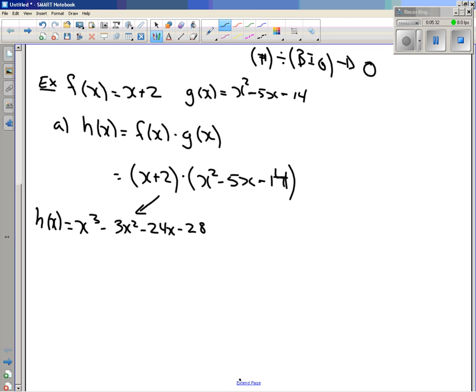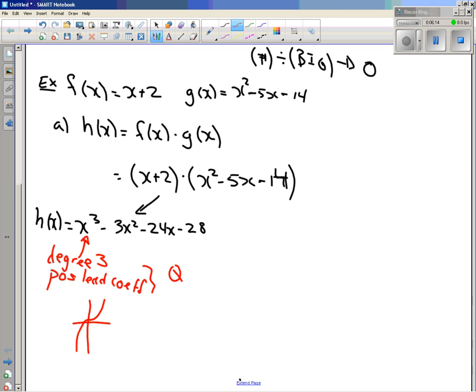What do we know about our function h at this point? Okay, it's a cubic, so it's a degree 3. What's the leading coefficient? Is it positive or negative? Okay, so positive leading coefficient. Combine those two facts. What do we know about our function? Okay, so we know a cubic, it's going to look like that.